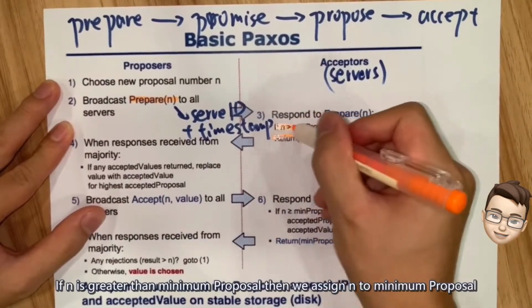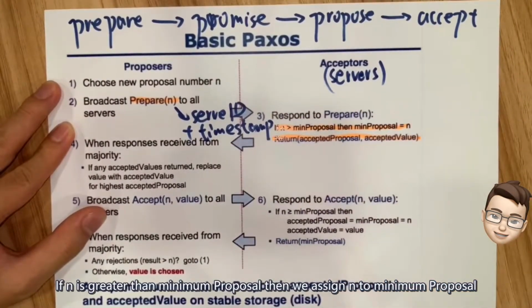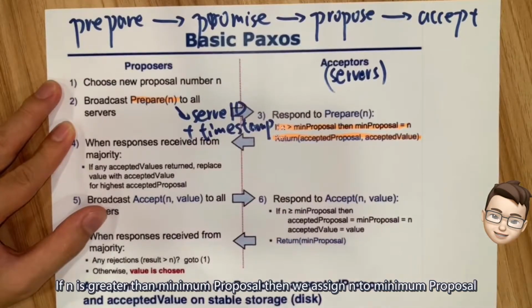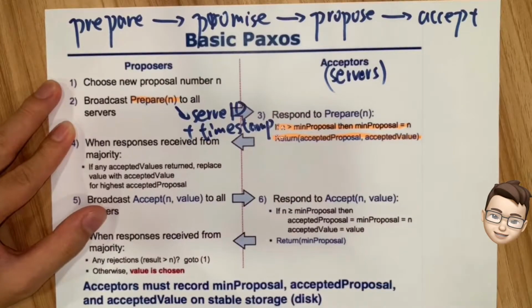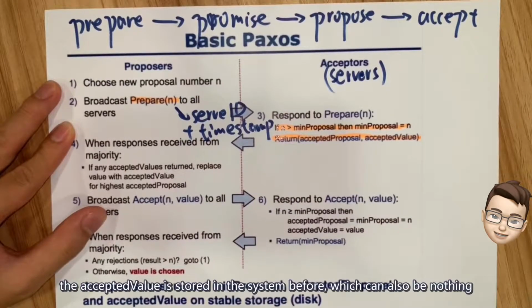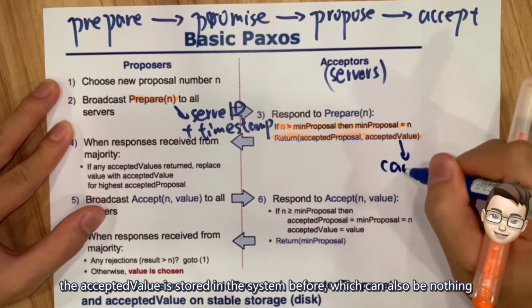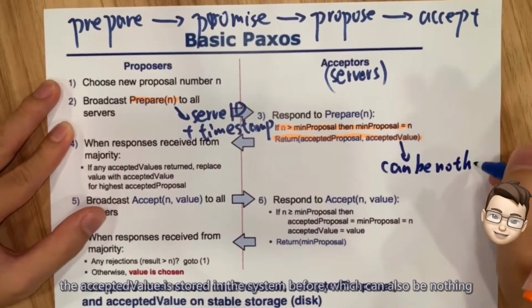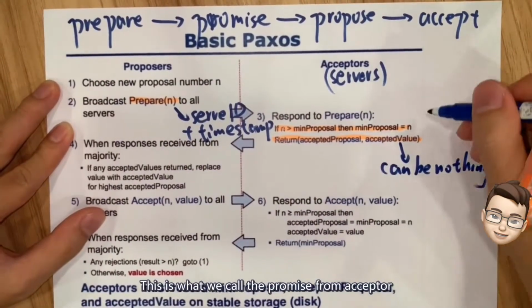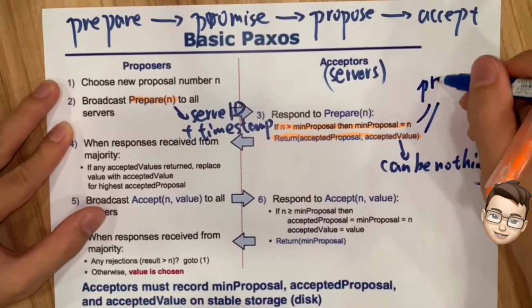If n is greater than the minimal proposal, then we assign n to the minimal proposal. The accepted value is what was stored in the system before, which can also be nothing. This is what we call the promise from the acceptor.